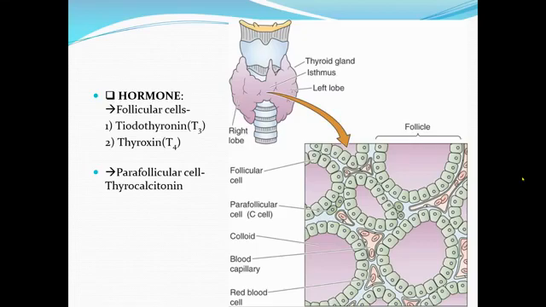Again, the sources of iodine are iodized table salt, sea fish, vegetables near the sea coast, and water.